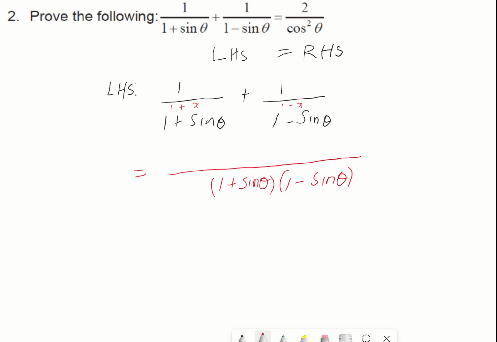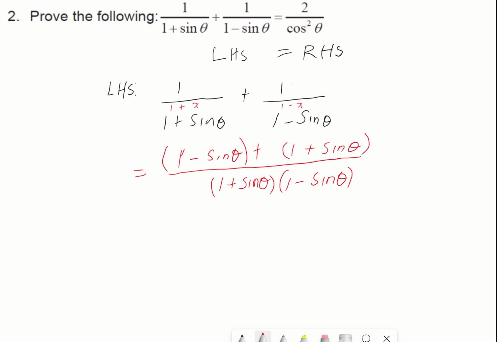So 1 plus sine theta is multiplied by 1 on your numerator, giving 1 minus sine theta, and then you have plus 1 minus sine theta, multiplied by 1 plus sine theta in the numerator, giving 1 plus sine theta.